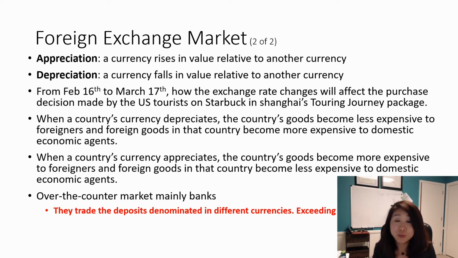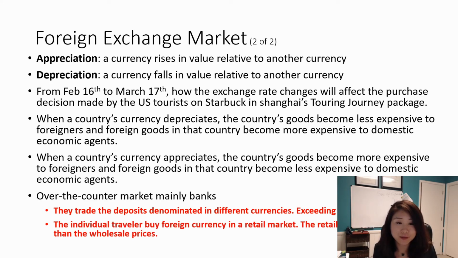Actually, you won't have the opportunity to buy this kind of deposit denominated in the Chinese yuan because everything is handled by the banks. So if you're going to study abroad and you need foreign currencies, you actually have to go to the retail market. Individual travelers buy foreign currency in the retail market, like at banks.